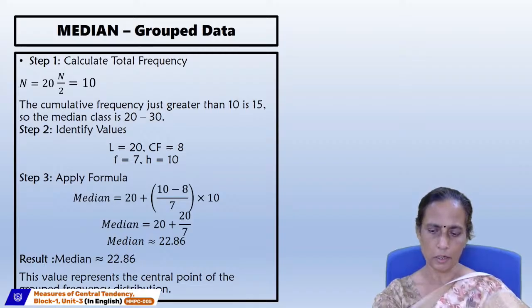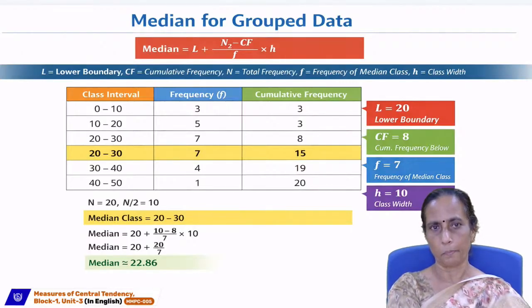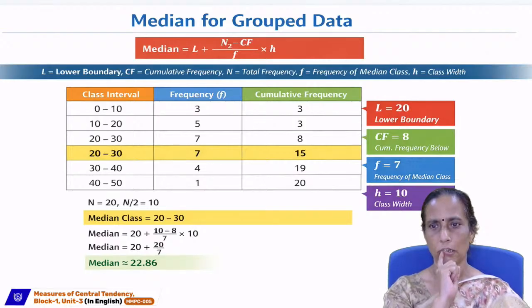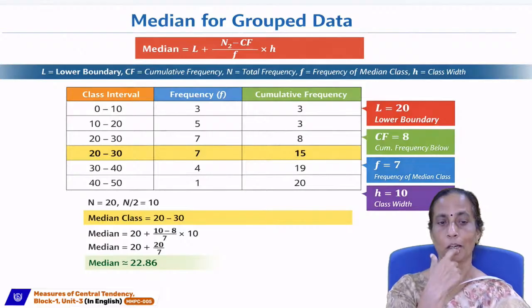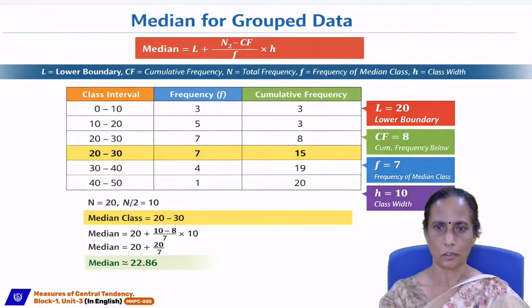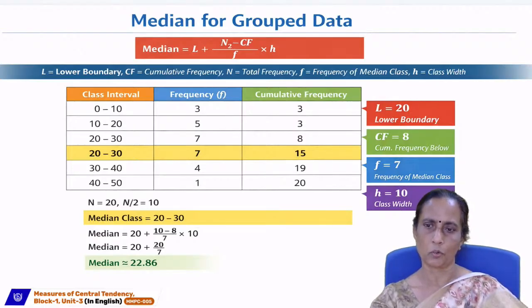So while calculating, this may be a graphical representation. Your median will be equal to L plus (N by 2 minus CF) by F into H, where N by 2 minus CF by F. So N by 2 is 10: 20 plus (10 minus 8) by 7 into 10.